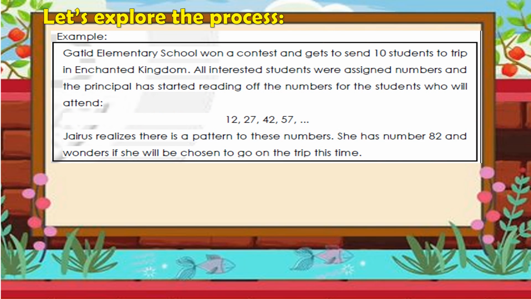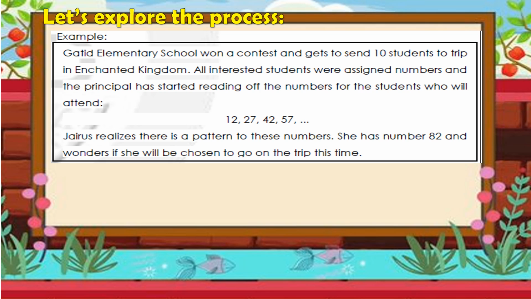So, for example, Gatid Elementary School won a contest and gets to send 10 students on a trip to Enchanted Kingdom. All interested students were assigned numbers and the principal has started reading off the numbers for the students who will attend. So we have 12, 27, 42, 57.